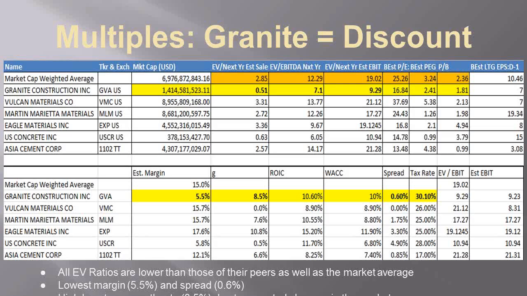But with Granite here, the price to book is 1.81, and that signifies that they're actually a really high debt company in proportion to their market cap size. And just briefly mentioning the PEG ratio, it's how much the company is willing to spend on its growth. For Granite, in comparison to Vulcan, which is a really old company at 5.38, the PEG ratio is 2.41, which is kind of in the middle of the pack.